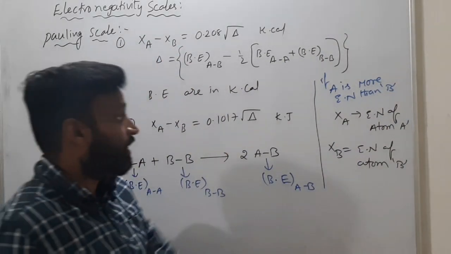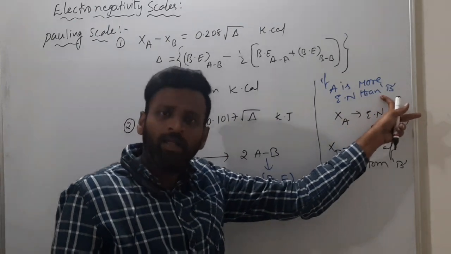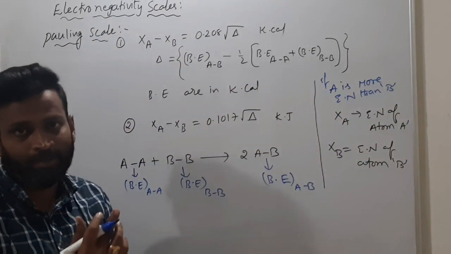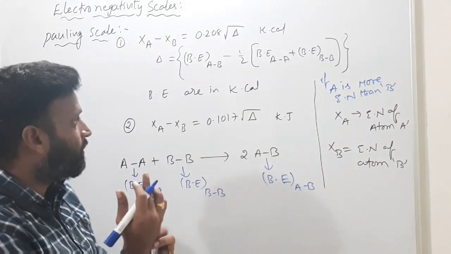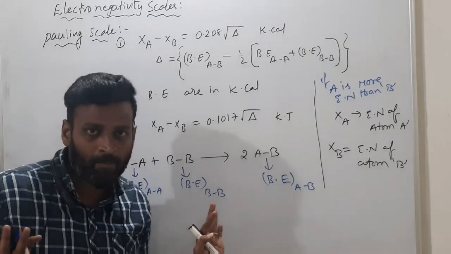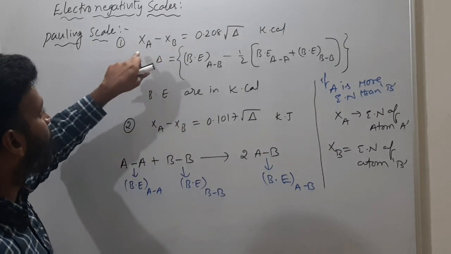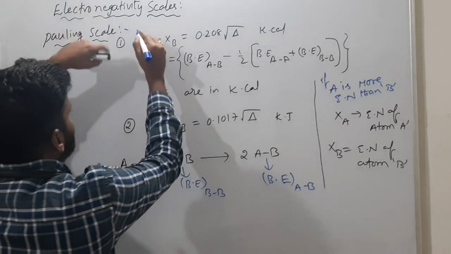If B is more electronegative, then we write XB minus XA. But the bond energies remain the same. So what is the formula he gave?